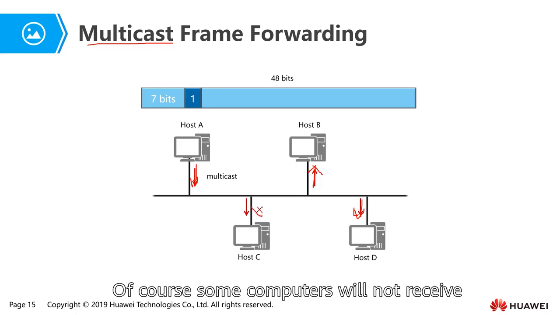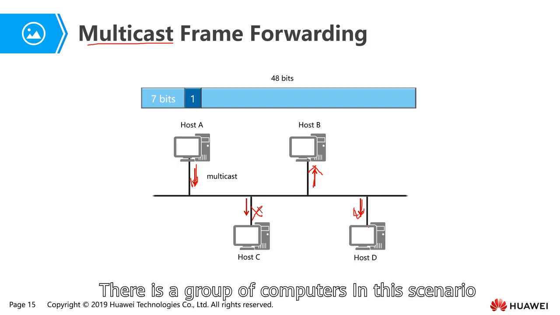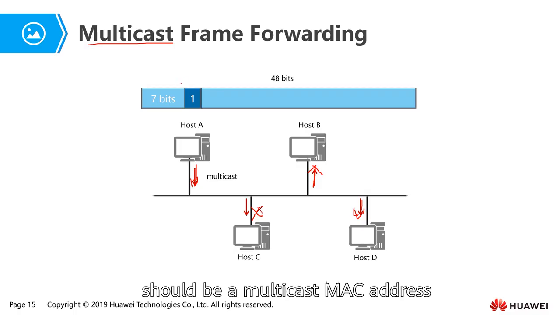Of course, some computers do not receive it, but it is not only one. In this scenario, the destination MAC address of the Ethernet frame should be a multicast MAC address.